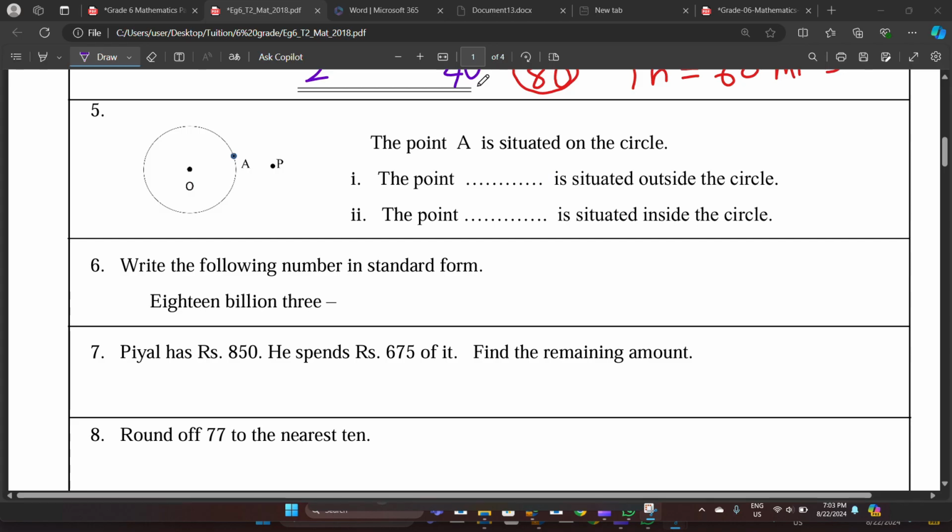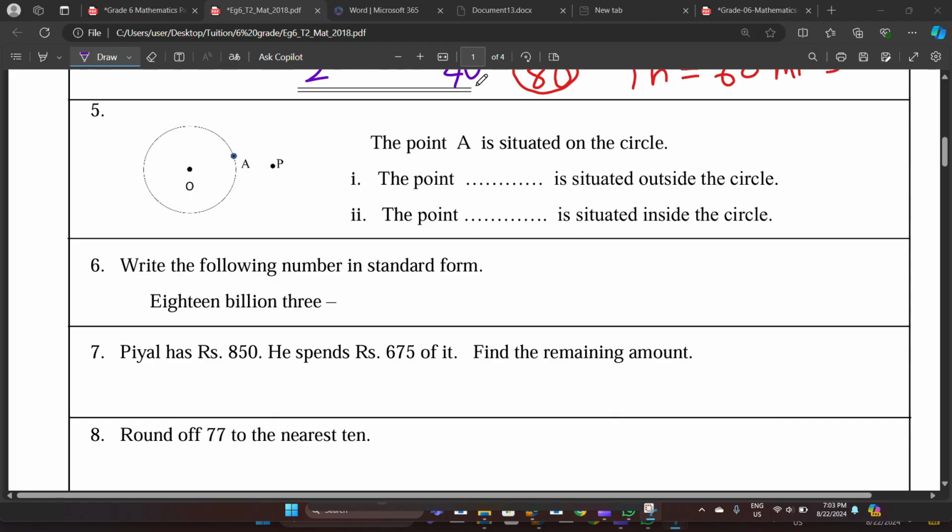Okay, in the fifth question, there is a circle, and there are some points called O, A, and P. In this question, we are asking for details about these points. Where are they?